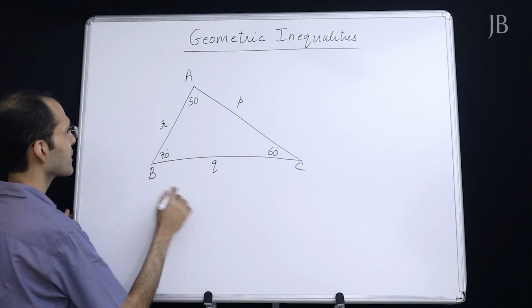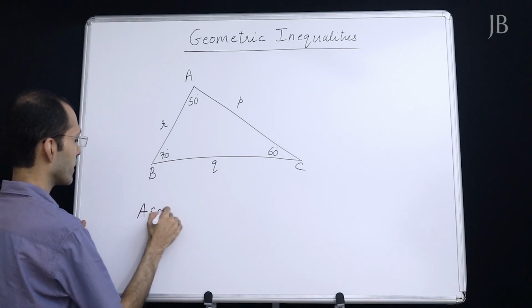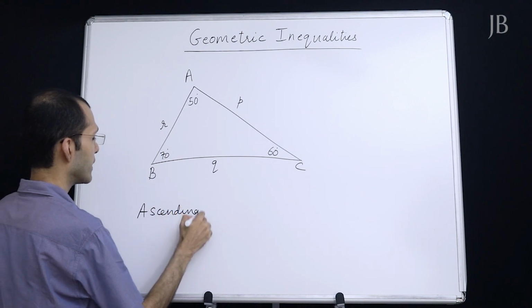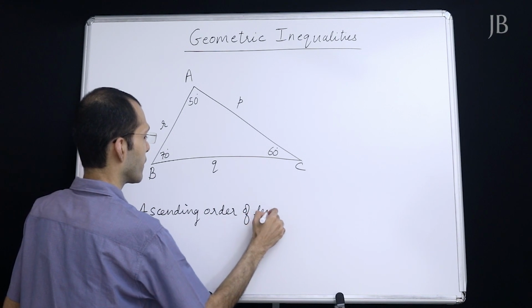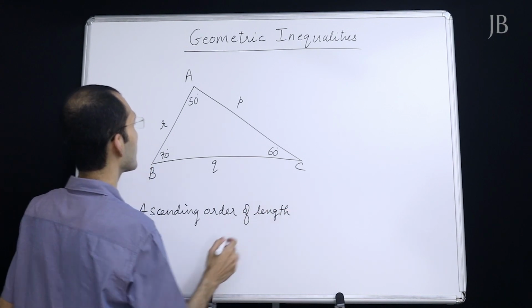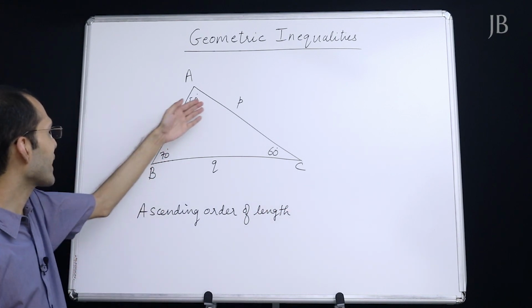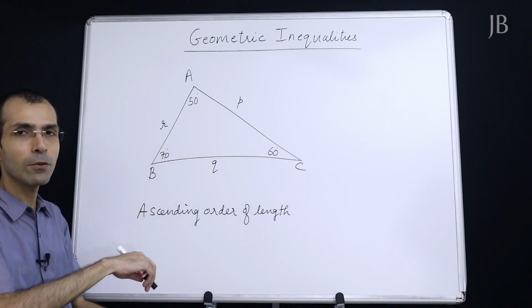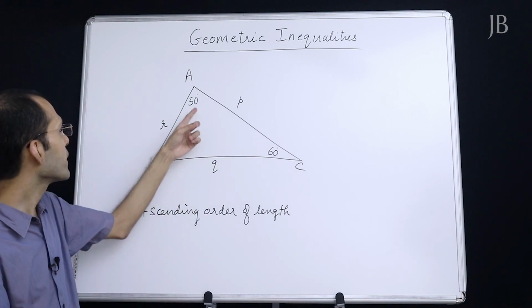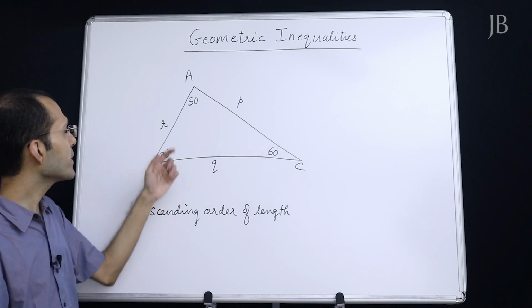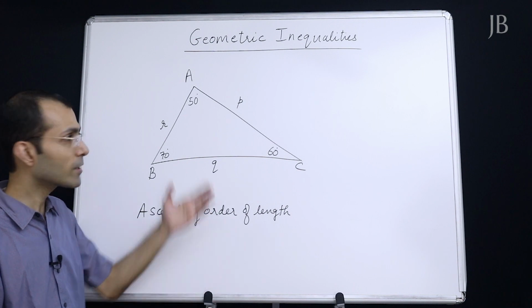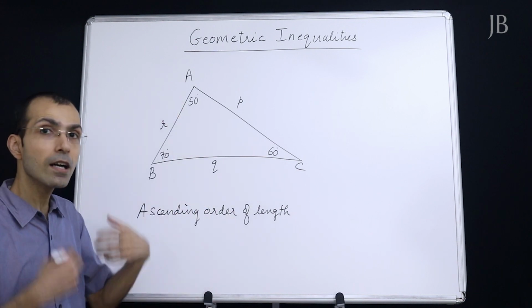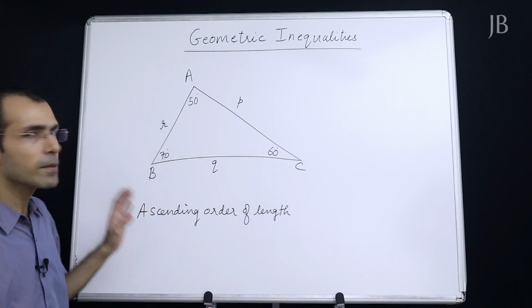So, lengthwise, ascending order of length. Here we know these angles now. The situation is exactly the opposite of the first one. Here we know the angles. We just wish to find out which side is the smallest lengthwise and which side is the greatest. So what we do, simple.